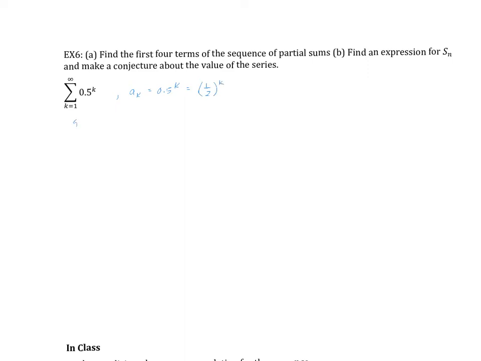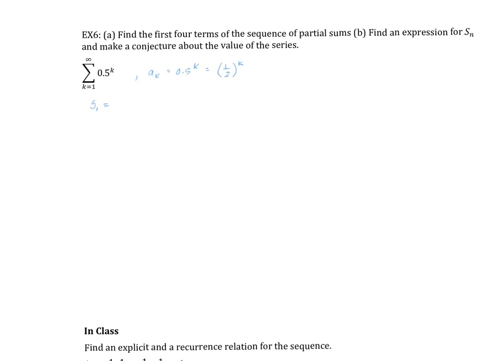Some fractions tend to make it easier for us to find formulas. So S sub 1 is your a sub 1, which is just 1/2. S sub 2 is going to be a sub 1 plus a sub 2, so 1/2 plus 1/4, which ends up being 3/4.